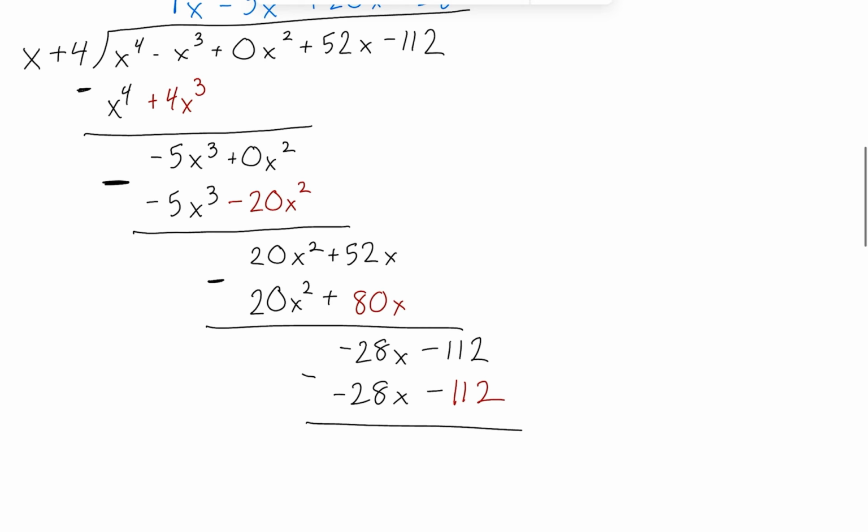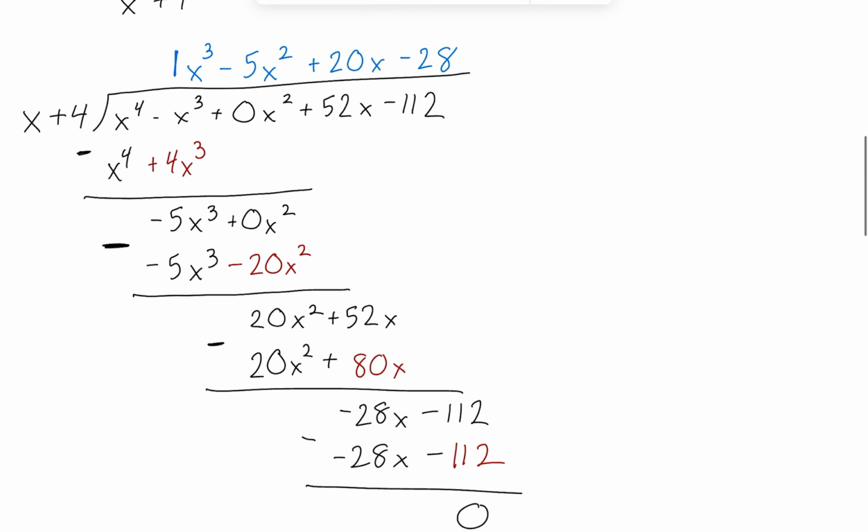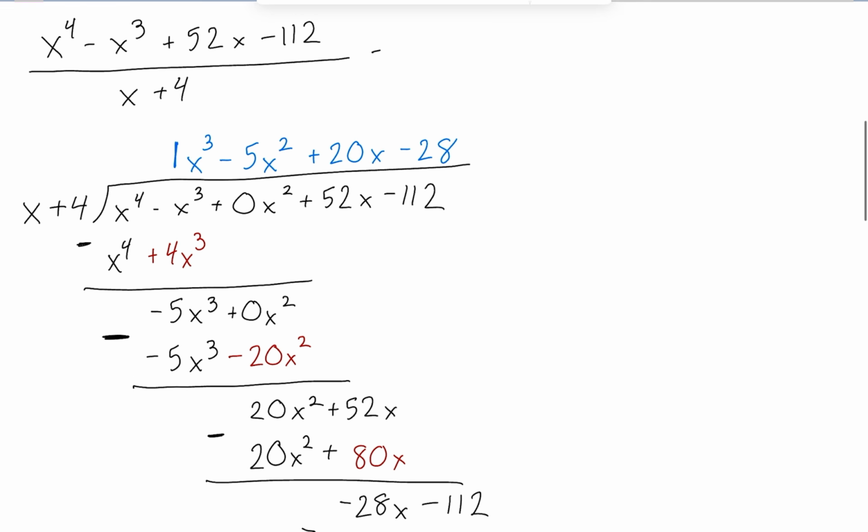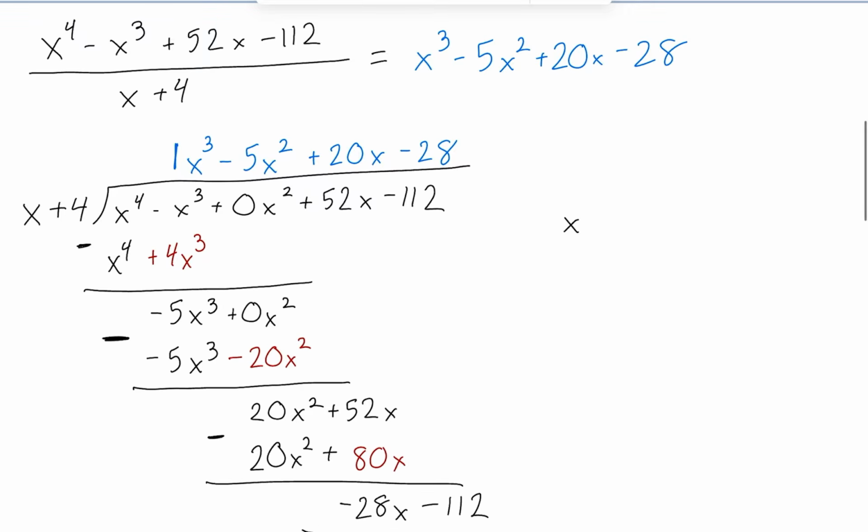And then we subtract and we get a remainder of 0. This means that x plus 4 is a factor of that quartic polynomial that we started with. So we can rewrite this as x cubed minus 5x squared plus 20x minus 28 is the answer to our division. But the whole point of this is to help us factor.